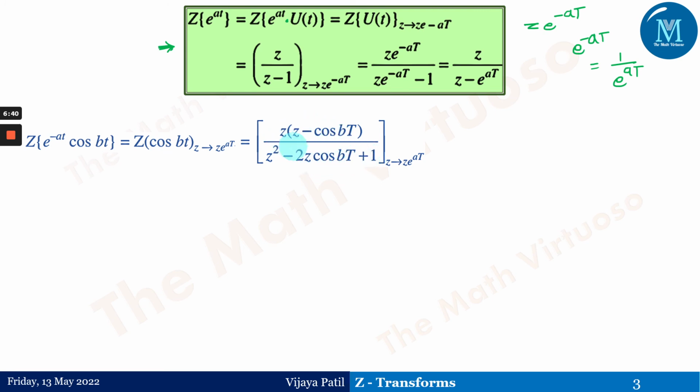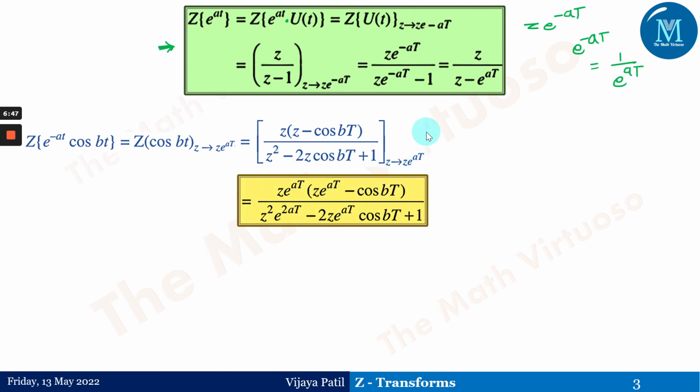Now everywhere in this, if we replace z by z e to the power a capital T, we reach the Z transform of e to the power minus at cos of bt. If you observe, every Z transform formula is connected with the others. That's the reason it's very important to deal with the different standard functions of the Z transform.